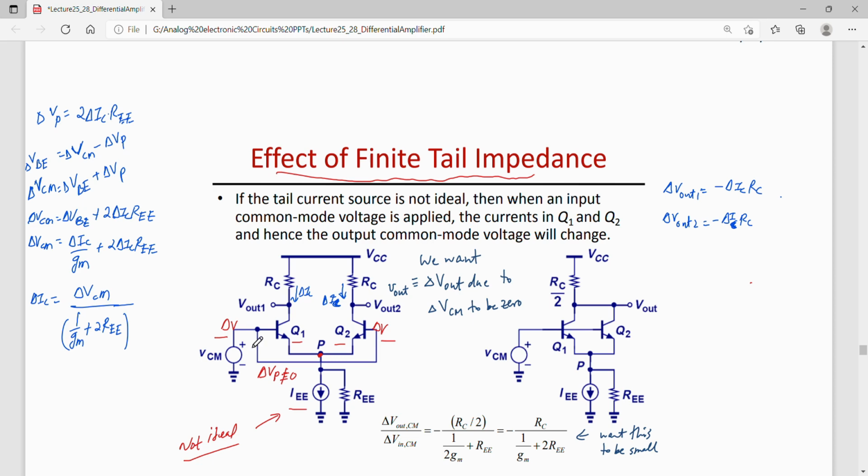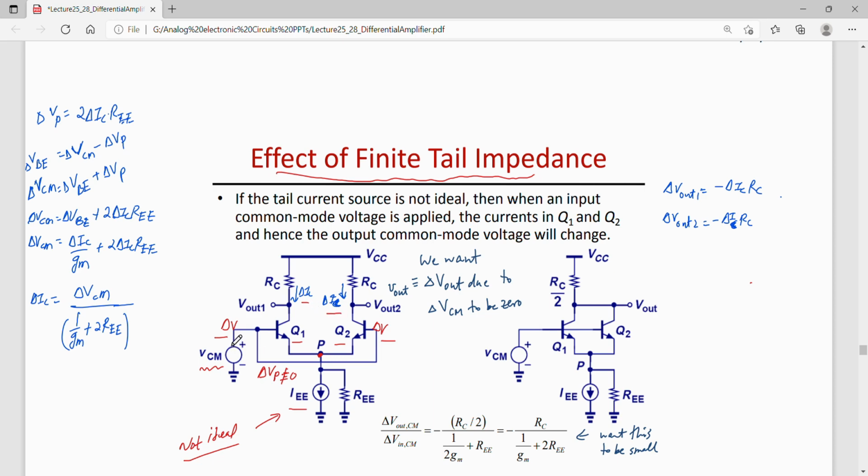It had no effect because these two currents were fixed by the tail current. But here, since we have a finite tail impedance, a small change in input signal will also cause a small change in the collector currents. Let us say those small changes in the collector currents are delta IC.